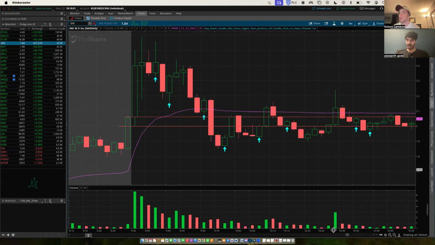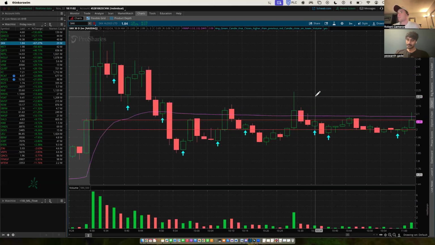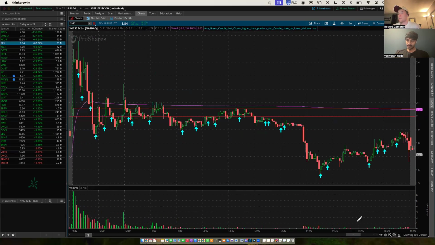You want to see weaker volume break through VWAP because the stock isn't as overcrowded. From there, the stock just kind of faded off later on after testing VWAP multiple times. Let's just review another one.